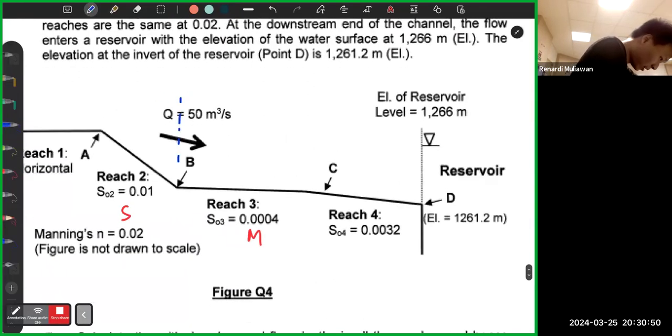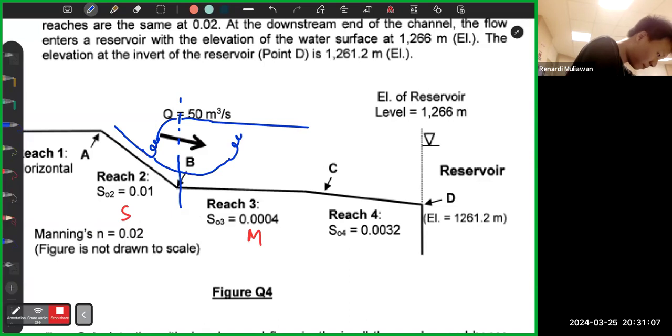Okay, for example, like this, then steep slope. So again, steep slope, you start down below. Mild slope is up above. So you have 2 cases: S1 hydraulic jump, or M3 hydraulic jump. Correct?